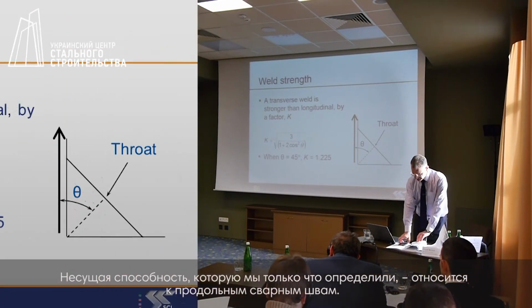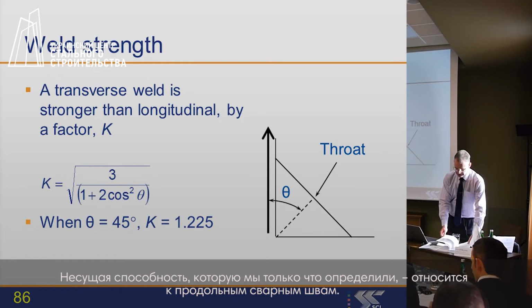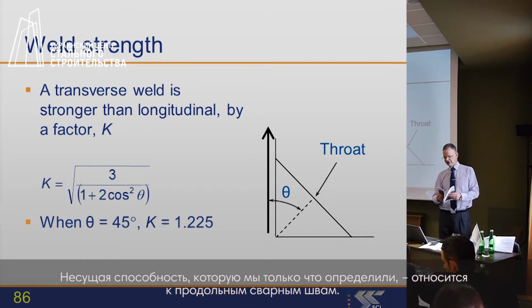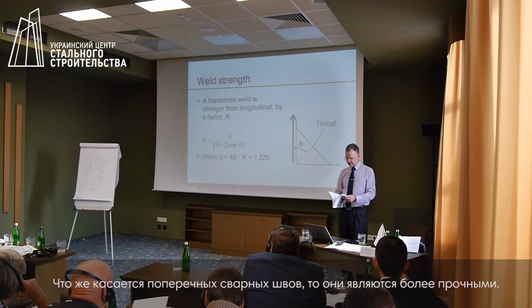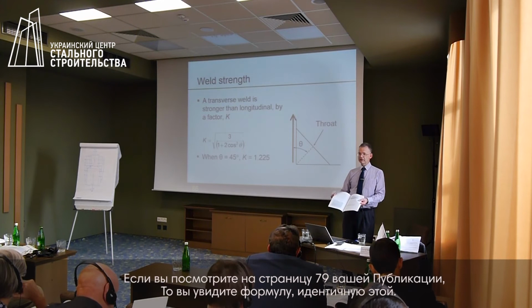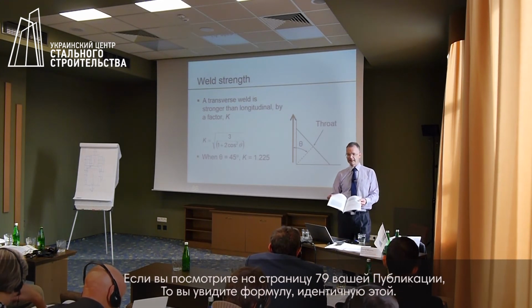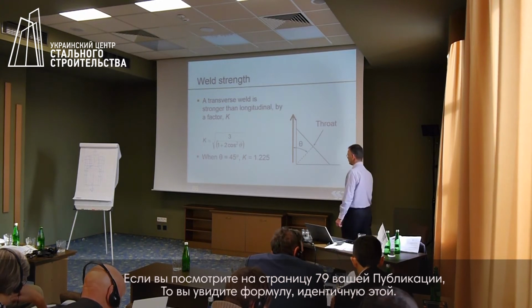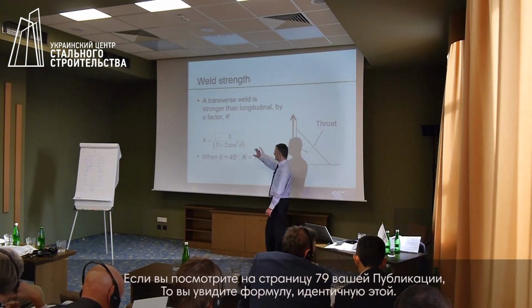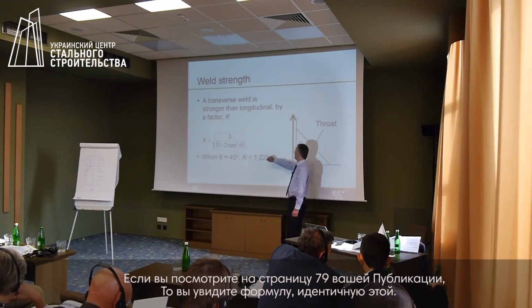The resistance that we've just calculated is the longitudinal resistance, and transverse welds are a little bit stronger. So if you'd like to have a look at page 79 of this guide, you will see a formula on page 79 which is exactly the same as this.